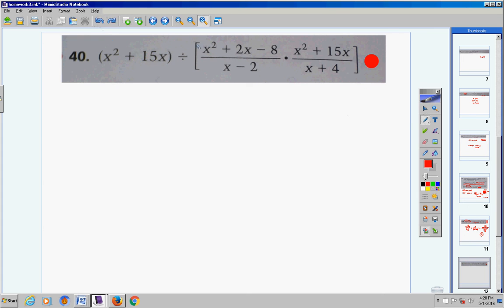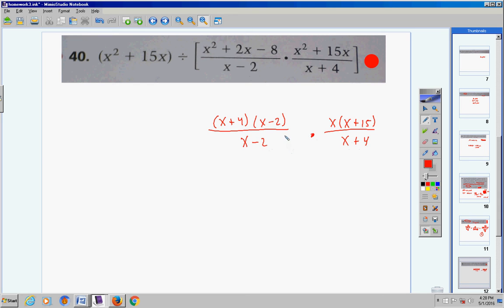Right now I'm going to work on these two fractions. So my numerator can be factored into x positive 4, x negative 2. This, I can pull out an x over here, so pull out an x and you're left with x plus 15. My denominator stays the same, x positive 4, and my denominator stays the same, x negative 2. I'm going to multiply these two fractions together.